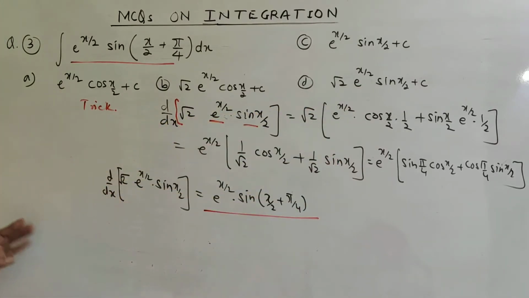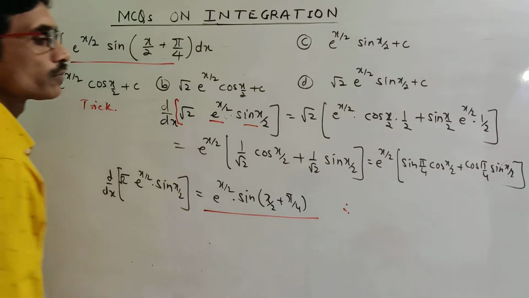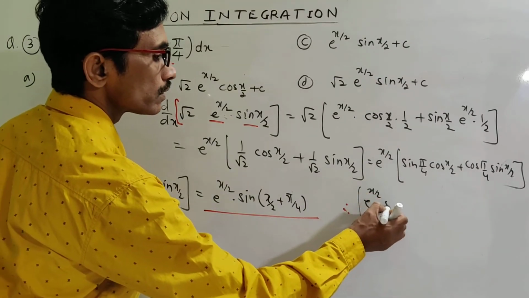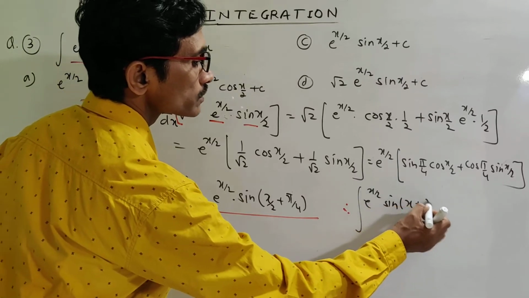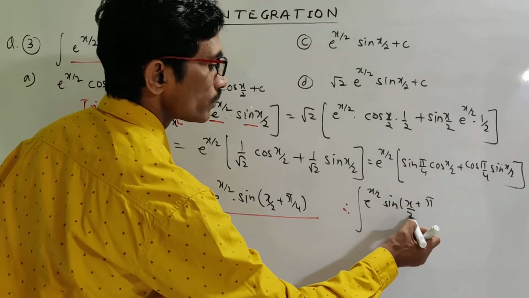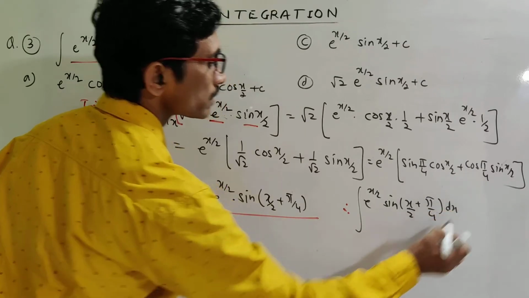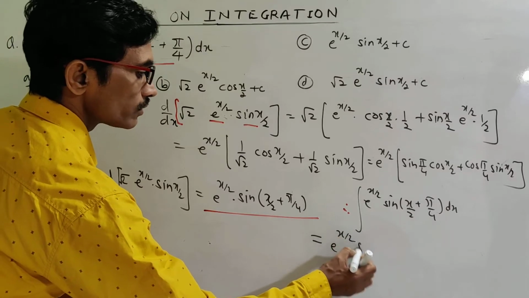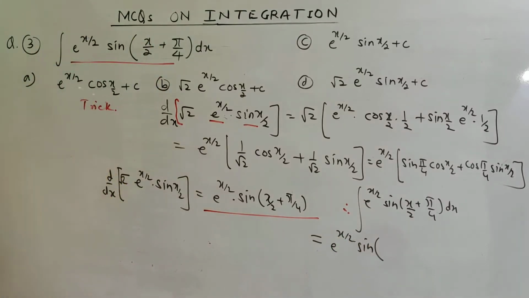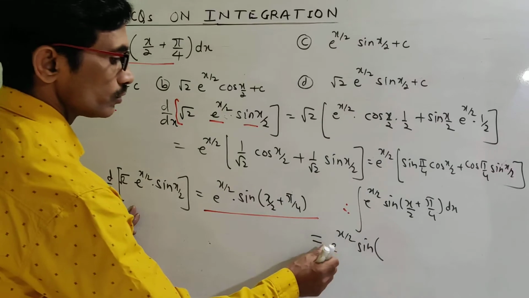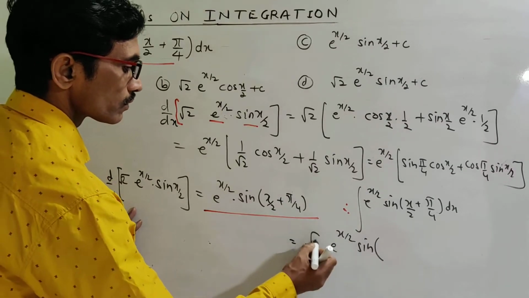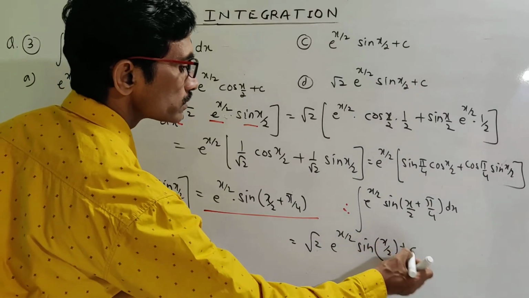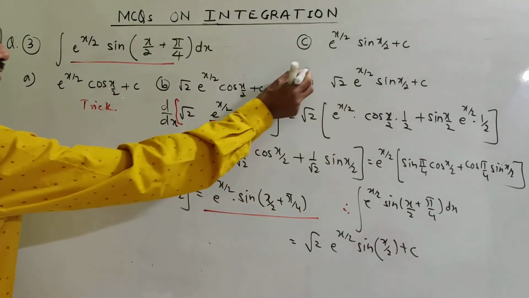Therefore the integral of e raised to power x by 2 into sin of x by 2 plus pi by 4 dx is equal to root 2 into e raised to power x by 2 into sin of x by 2 plus c. So we are having this D option.